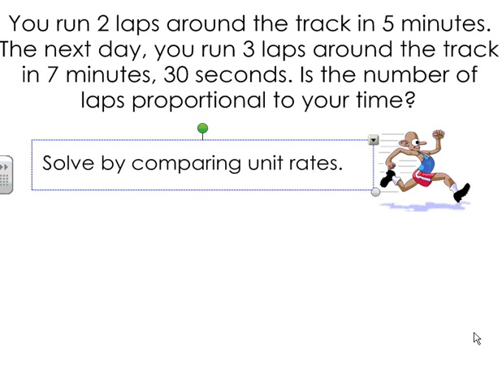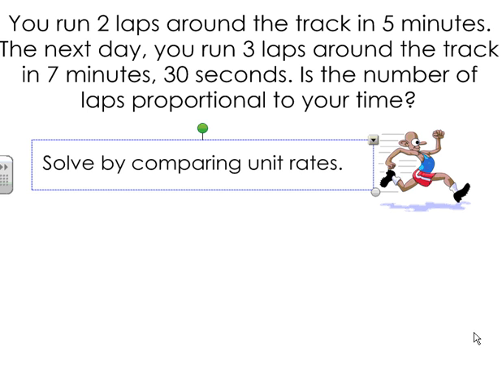All right, now we're going to look at a word problem. It says you can run 2 laps around the track in 5 minutes, and then the next day you run 3 laps around the track in 7 minutes and 30 seconds, or 7.5 minutes. Is the number of laps proportional to your time? So I'm going to set up 2 ratios.